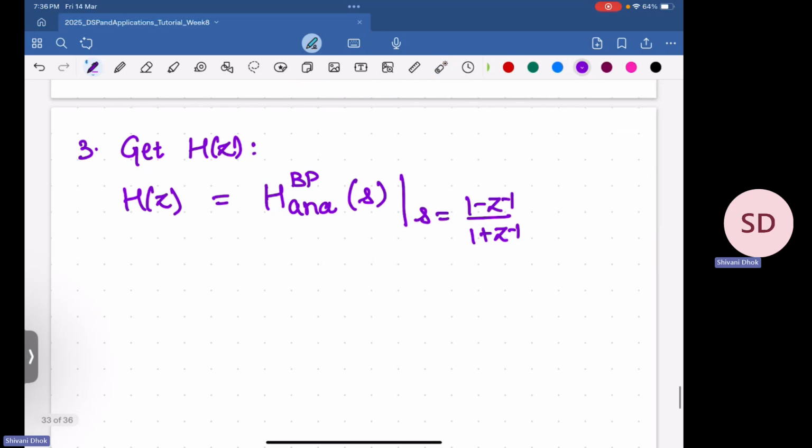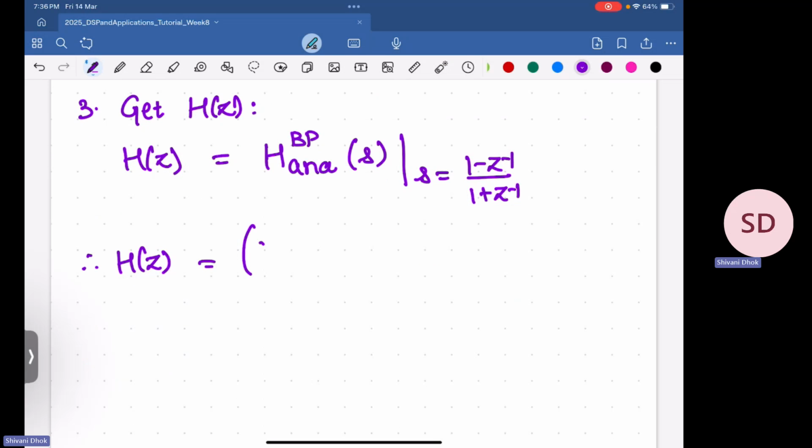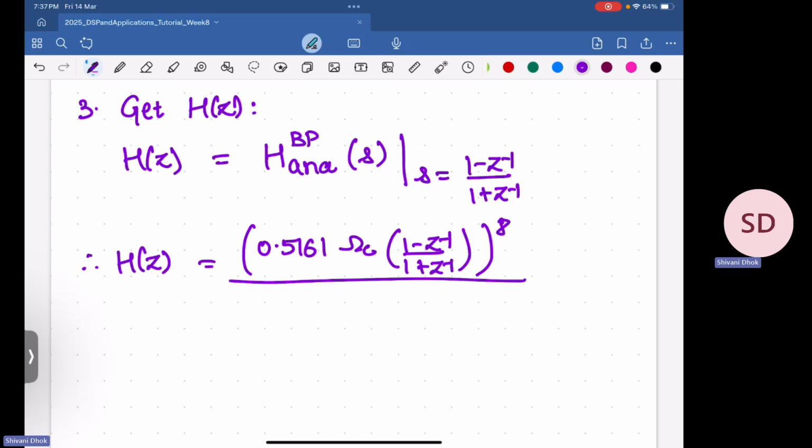Okay, so what do we get? Therefore, H of z is equal to, in the numerator we have 0.5161 omega c S, so this will be 0.5161 omega c into 1 minus Z inverse upon 1 plus Z inverse whole to the power 8, divided by product of k equal to 1 to 8.